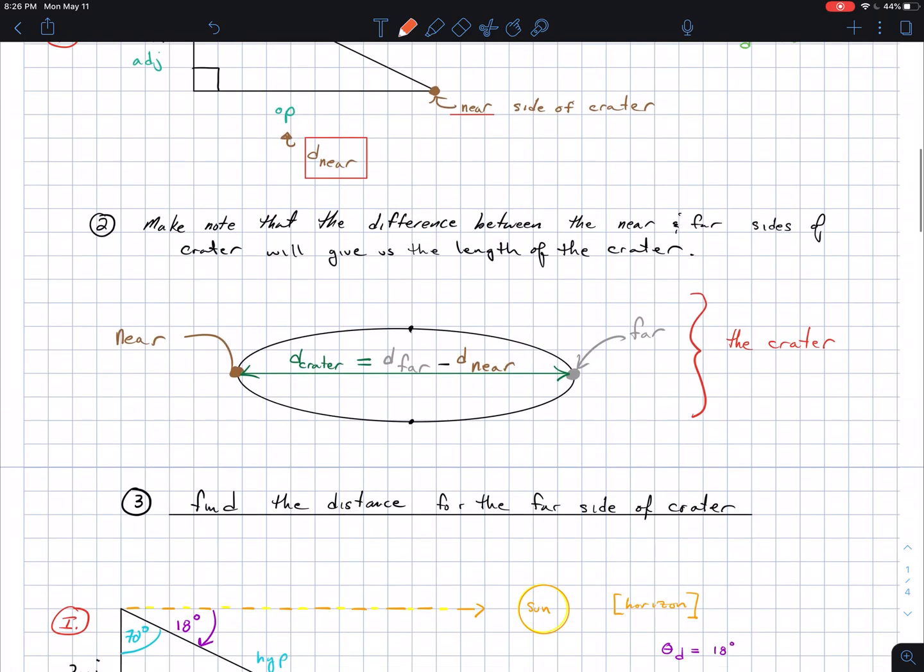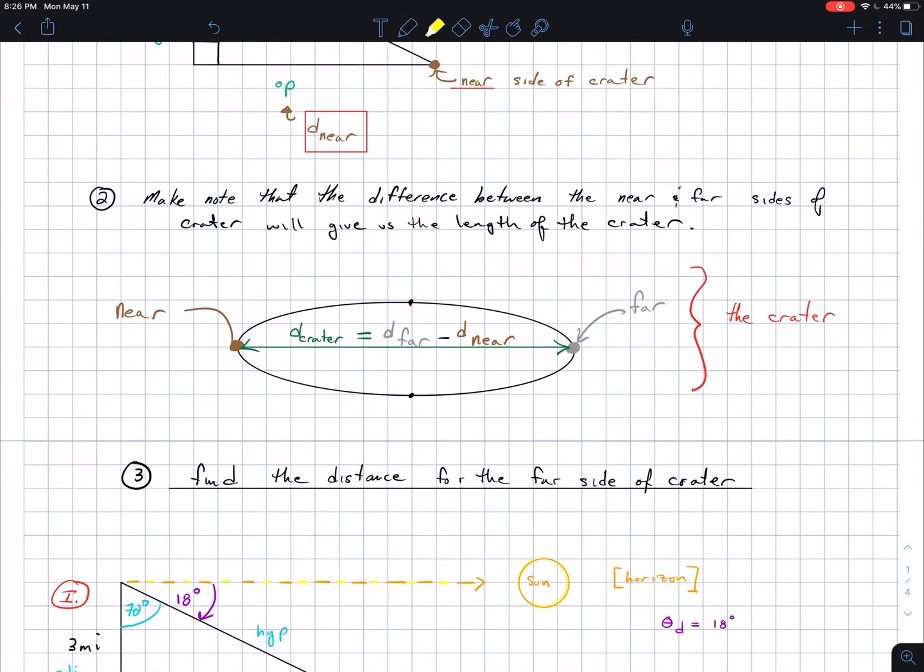So I redrew the crater out. The difference between the near and far sides of the crater will give us the length of the crater. So I made a little diagram here to help visualize what's going on, and this is the crater.